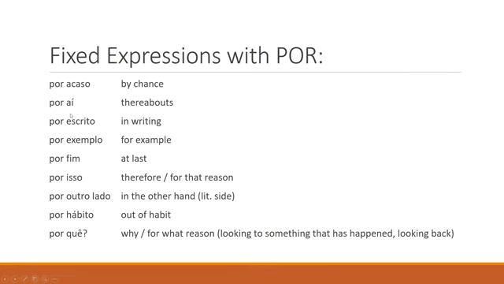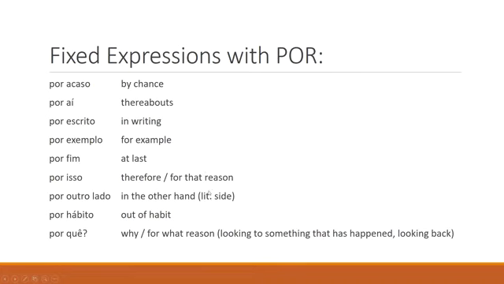Por ahí, thereabouts, approximately. Por escrito, in writing. It's quite similar to that. Por email, por telefone. Por exemplo, for example. Por fim, at last. Por isso, for that, therefore, for that reason.